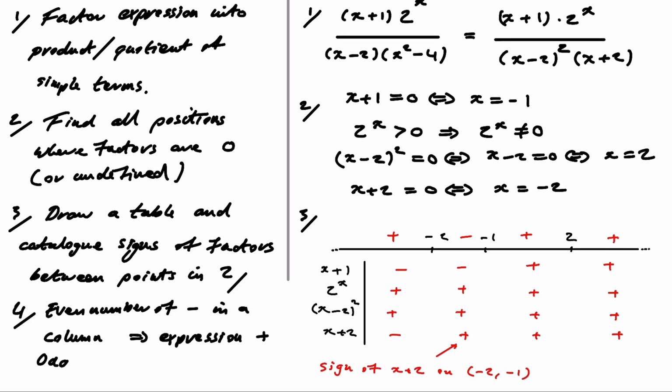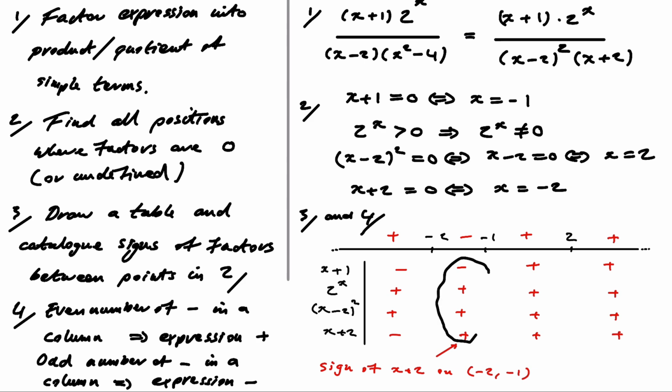Similarly, an odd number of negatives in a column implies the expression is negative. So we've really done 3 and 4 here. Just to reiterate, there's an odd number of negatives here. That's why it's negative on top. There's an even number of negatives here. That's why it's positive on top.